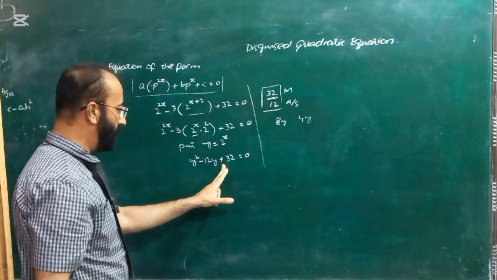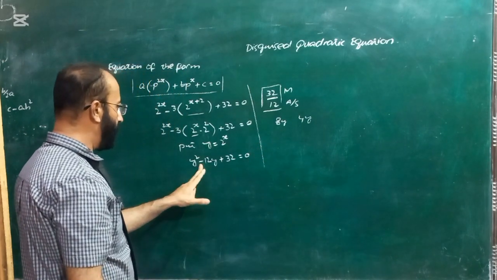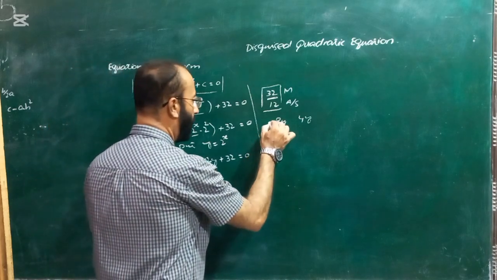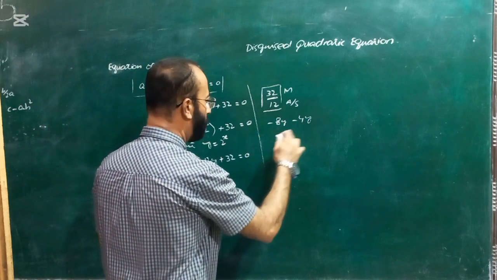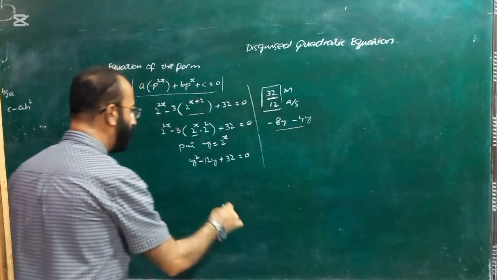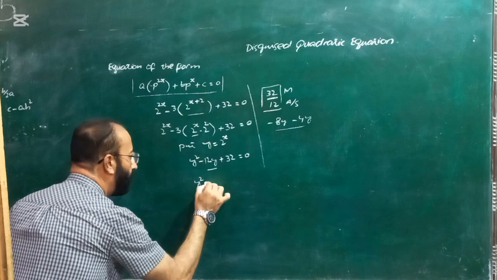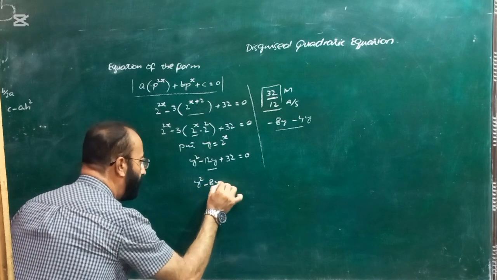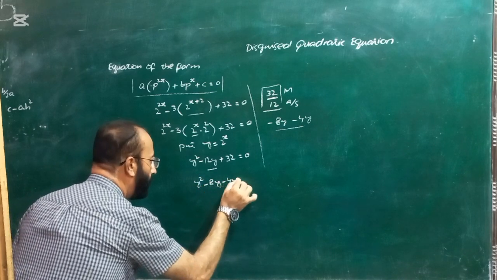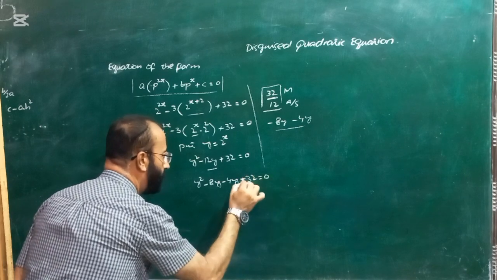So this sign is telling us that both values will have the same sign, and this sign is telling us that these values will have minus signs. So now write these two values in place of the central value. So y squared minus 8y minus 4y plus 32 equal to 0 will remain as it is.